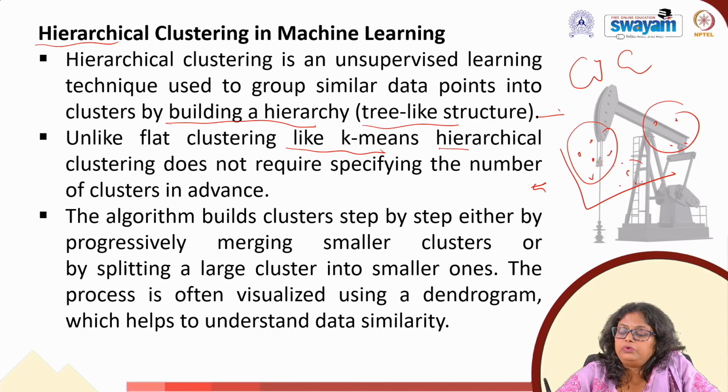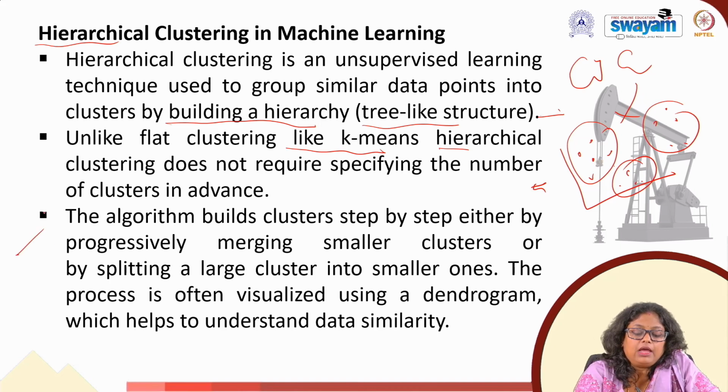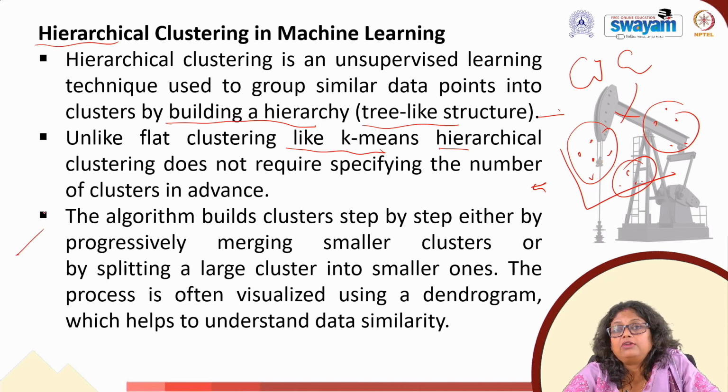Here in flat clustering we do not see any tree-like structure, but in hierarchical clustering, when we group similar data points into clusters, we do that by building a hierarchy. Third, the algorithm builds clusters step by step, and it is done in two ways. There are two types of hierarchical clustering.